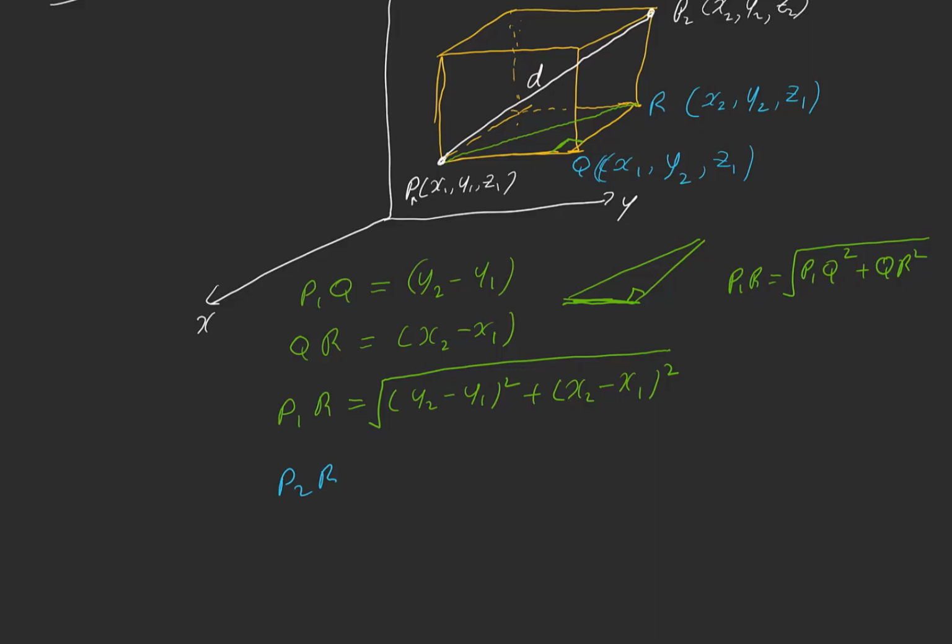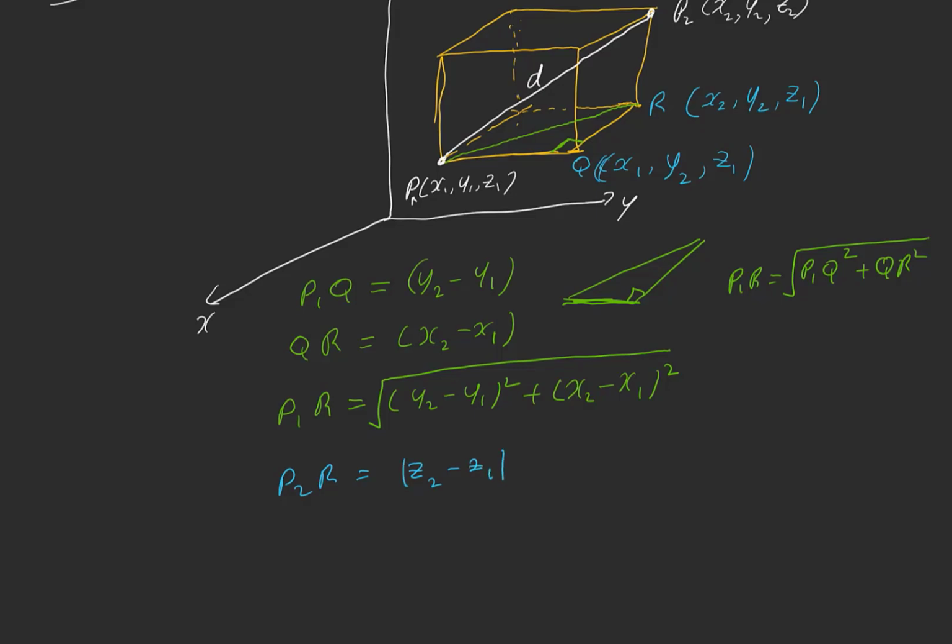Right. Then how about P2R? Here you see the x and y values are the same for P2 and R. Therefore, only z1 and z2 change. Yes, it is vertical and parallel to the z-axis. Therefore, that distance we can find as z2 minus z1.